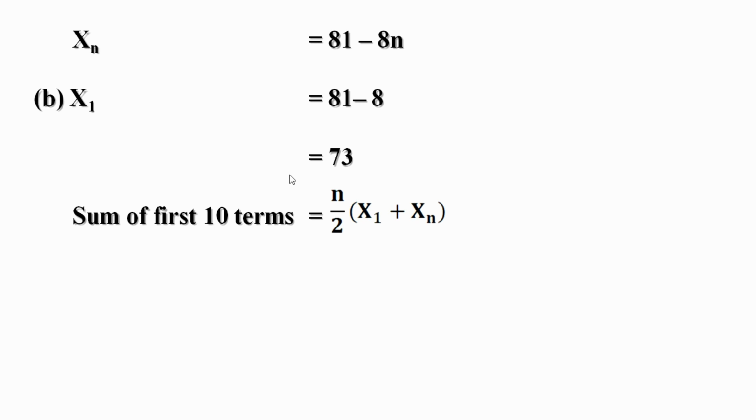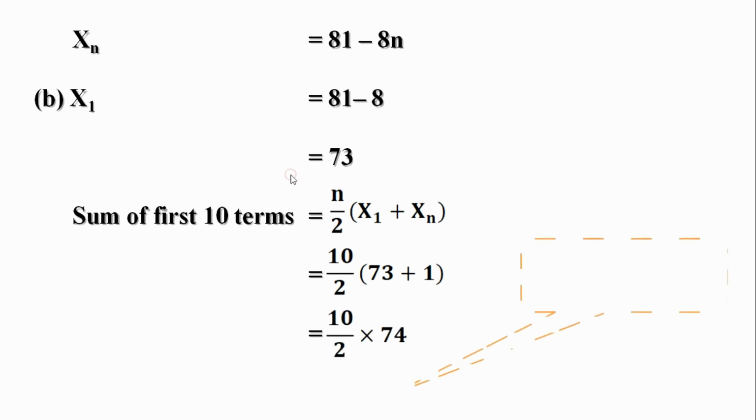Here number of terms is 10, first term is 73 and last term is the 10th term, that is 1. So we can rewrite it as 10 by 2 into 73 plus 1, or that is equal to 10 by 2 into 74. Now we can simplify 2 and 74.